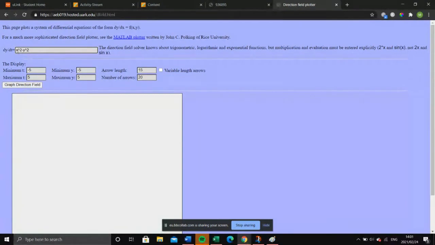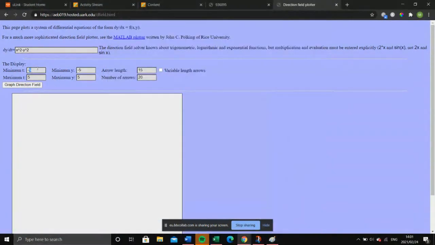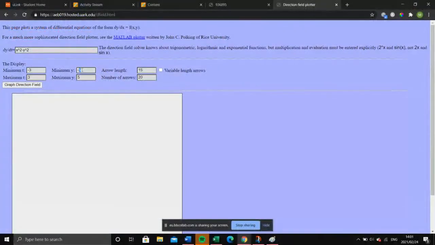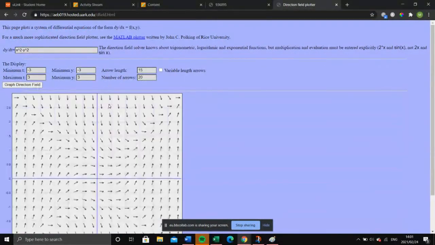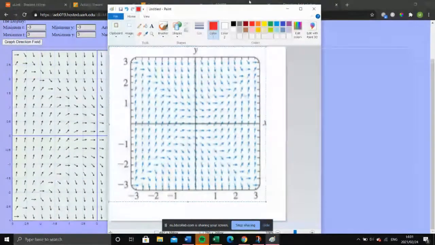In this case, where it says t, it means x. I think it's just coding errors. We want this plot to be from -3 to 3. So the minimum t, or the minimum x value, must be -3. The maximum t must be 3. The minimum y, I believe, is also going to be -3. So we're plotting this essentially on a square in the plane. And then we say graph the direction field, and it's actually just reproduced this for us.